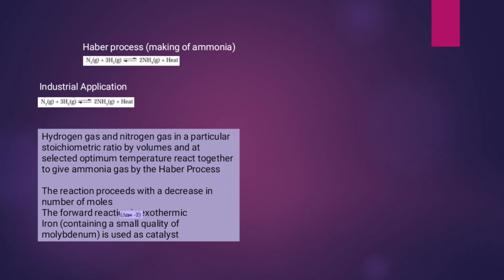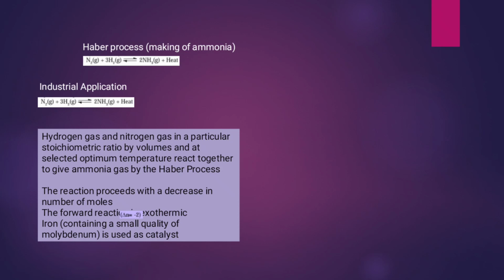Now next we will see the industrial application. So students, suppose we take the same example of Haber's process, for industrial preparation of ammonia, that is NH3.